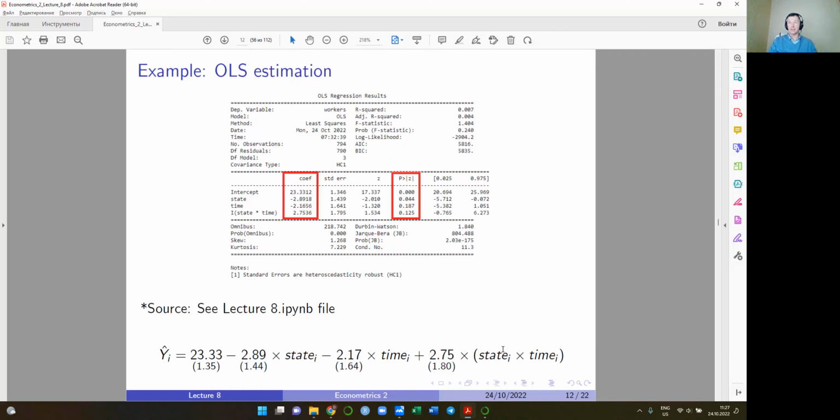So I decided not to replicate the full construction of this estimation done by the authors. Of course, they introduced more control variables here. They found a statistically significant estimate of this effect. But in this case, my goal was to illustrate the way difference in differences is estimated.